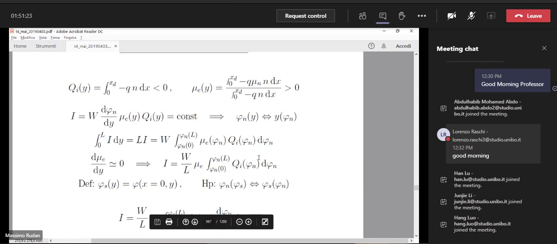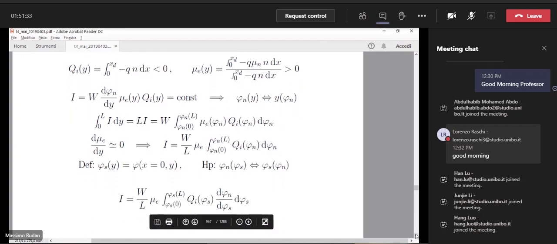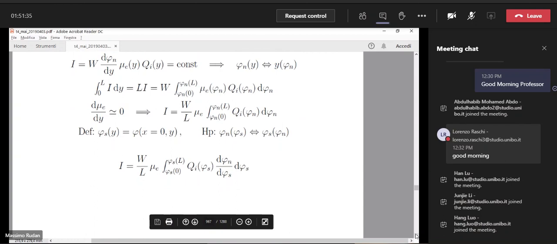So we now change the variable in the integral. Okay, so by this trick, we change the variable. So we express qi as a function of phi s instead of phi n.